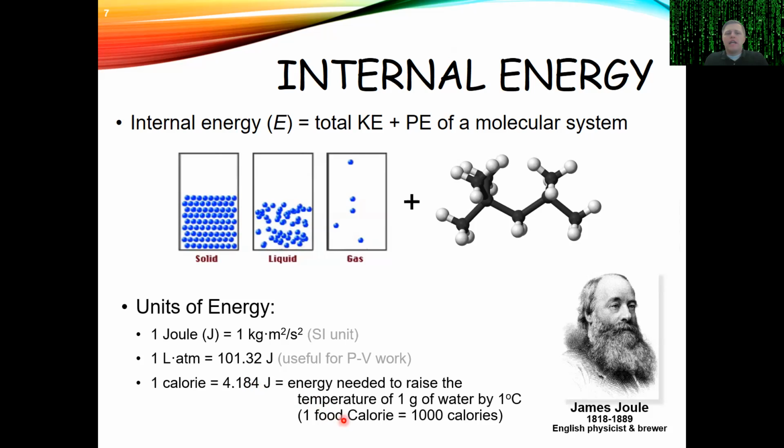But a food calorie is actually an uppercase C Calorie, and that's equal to 1,000 lowercase c calories. It's a really good system. So in some places they use the kilocalorie, which is the lowercase calorie with the k in front of it, and that's equal to an uppercase Calorie. But even that gets a little confusing. So if you read your food label and it says that one serving is 300 Calories, what that means is 300 uppercase Calories, which means 300,000 lowercase calories.